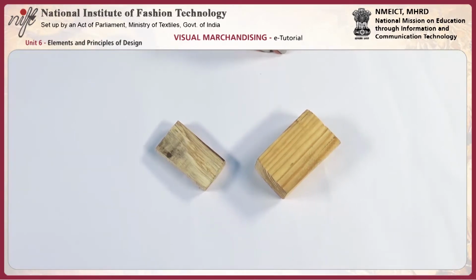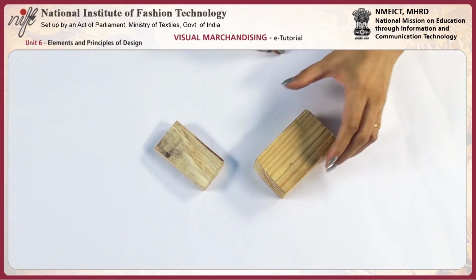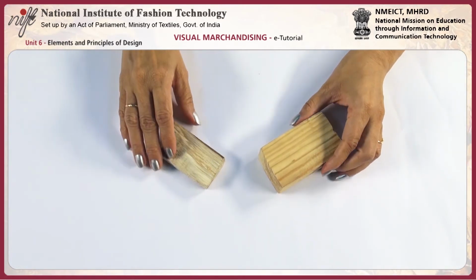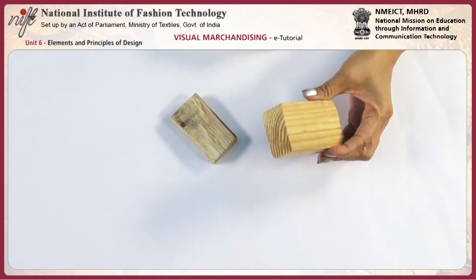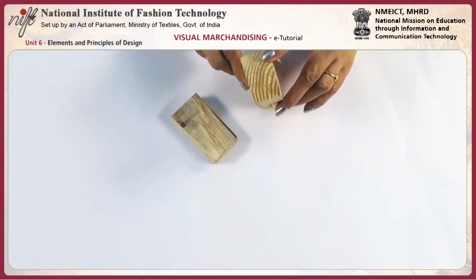So we had talked about wood of different types, natural wood and artificial wood. Natural wood is what you get from the trees and artificial wood is the one that is made by man. So we have two examples here. One is your pine wood and the other is your local wood. Since the pine wood is got from trees, you can see the grains here, you can see the grains here too.